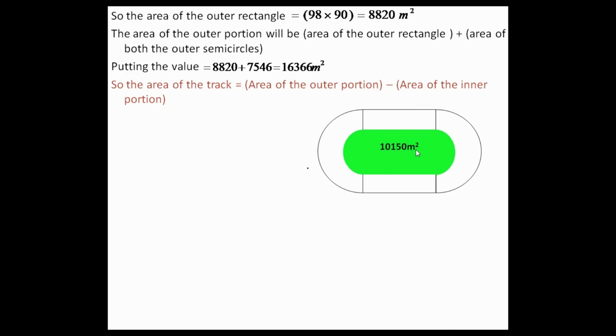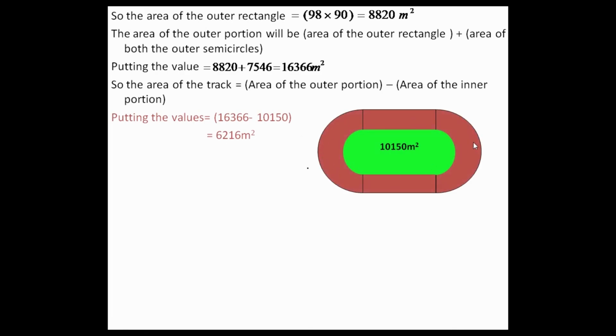We have carried out both the values. We will subtract and we will get the area of the track as 6,216 meter square. This maroon portion is the area of the track. We carried out the area of the track by subtracting the area of the inner portion from the area of the outer portion.